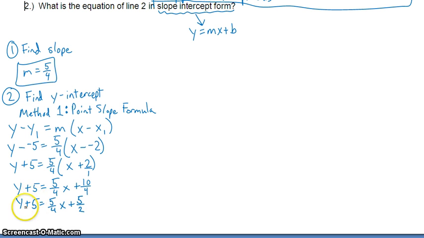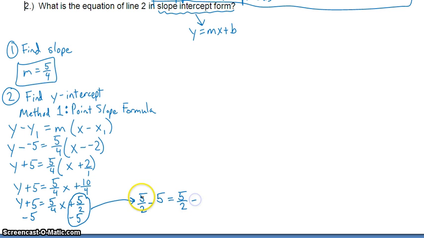Last step, solve for y. To solve for y, I need to get rid of this 5 by subtracting 5. Well, how do I take 5/2 minus 5? I'm going to do that math right here. I have 5/2 and I'm going to subtract 5. In order to subtract fractions, I need a common denominator.